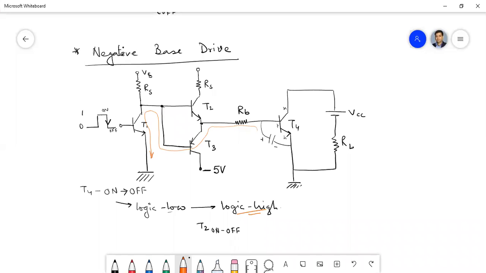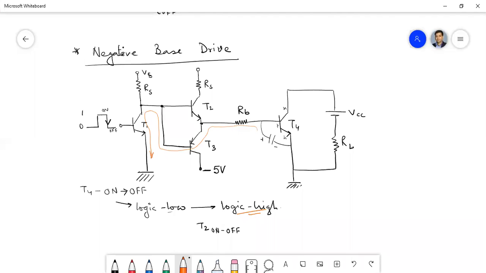But if we don't have the negative bias, still the T3 will help to discharge the capacitance, but at a very lower rate. If we use the negative bias on the T3 transistor, then the attraction force will be much higher, and the parasitic capacitance will discharge at a faster rate, and it will reduce the storage time or overall off time of the T4 transistor.